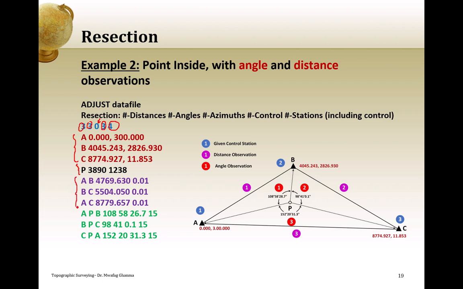Here are the 3 distances, and we are adding them because they are some kind of control distances. So we measure them very accurately, plus minus 1 centimeter, which is 0.01. And we have the angles here, and these angles have plus minus 15 seconds.